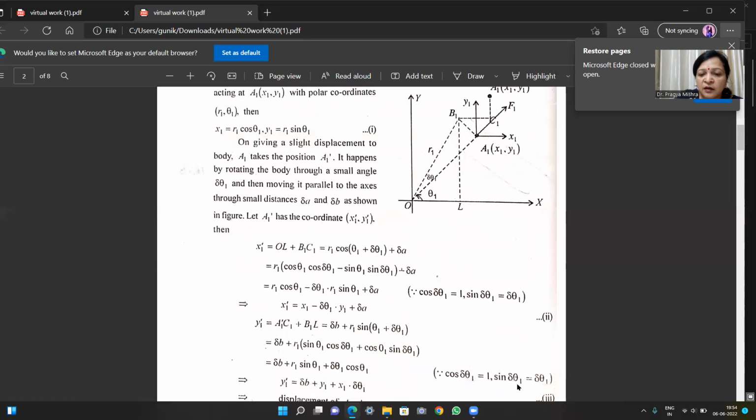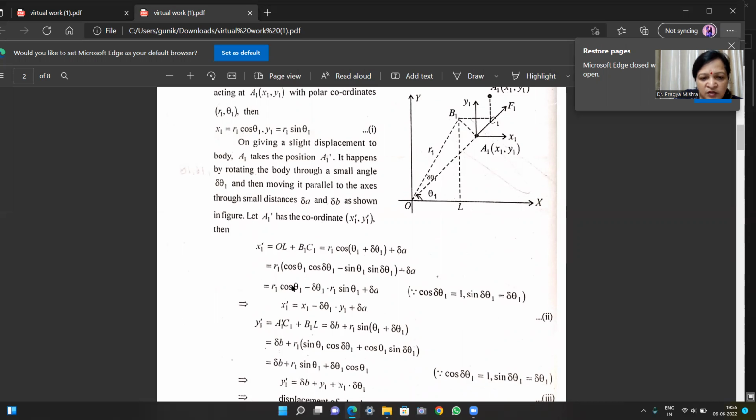It means cos delta theta और sin delta theta के एक्सपेंशन में जो हायर ऑर्डर डेरिवेटिव्स है उनको हमने यहाँ पे नेग्लेक्ट कर दिया है. Using this, we get this expression.